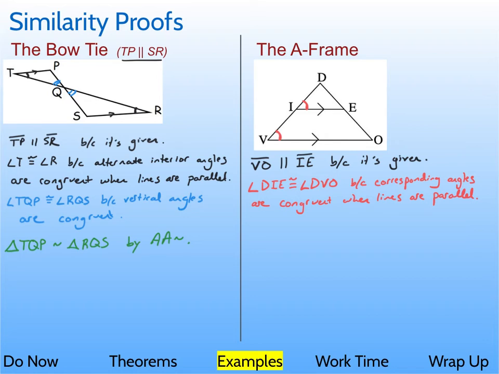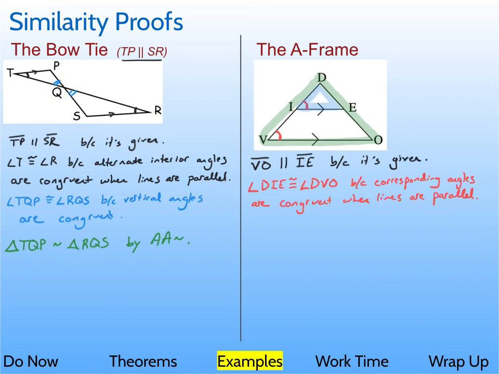And one thing that's super important is looking at what two triangles we have to worry about. So we're looking at this triangle, triangle DIE, the little tiny guy, and we're also looking at the big triangle right here, or triangle rather, DVO. Now if you look at it, one thing you should notice is that right up here, angle D, they both share angle D. They both have this same angle in both of them.